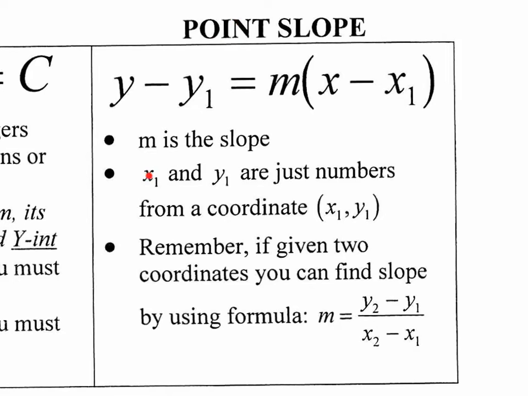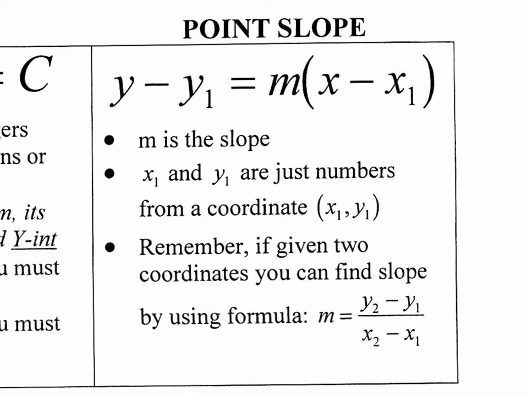It says down here, x1 and y1 are just numbers from a coordinate x1, y1. So if it looks like this, if it's in this form, whatever number is here and here, that will be a coordinate on your line, okay? That's why they call it point. And how about the slope? Well, because there's a slope right here. So whenever it's organized in this manner, that's what we call point slope form.